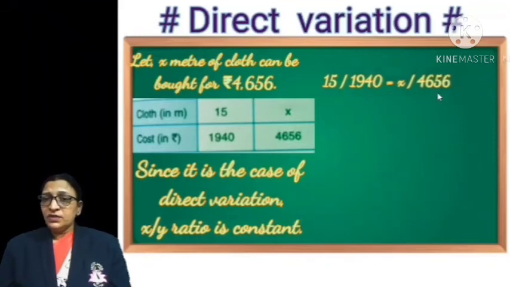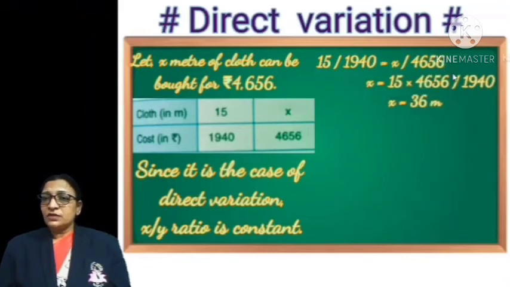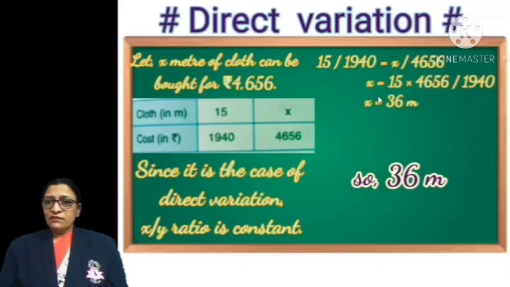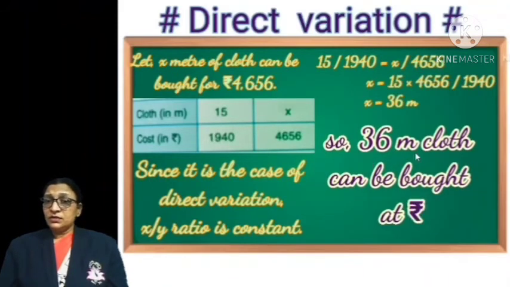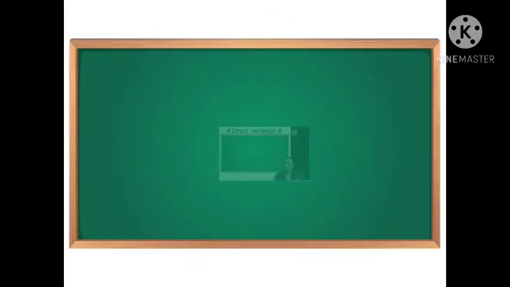We can write it in this way: 15 upon 1940 is equal to x upon 4656. So x is equal to 36 meters. We can give the conclusion as 36 meters of cloth can be bought for rupees 4656.